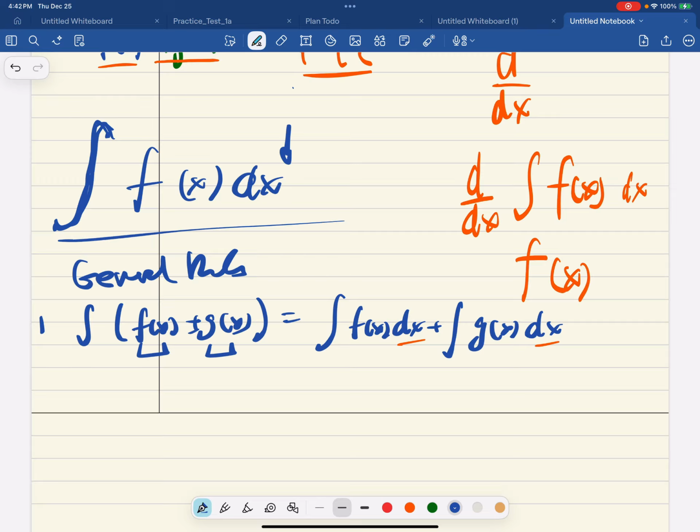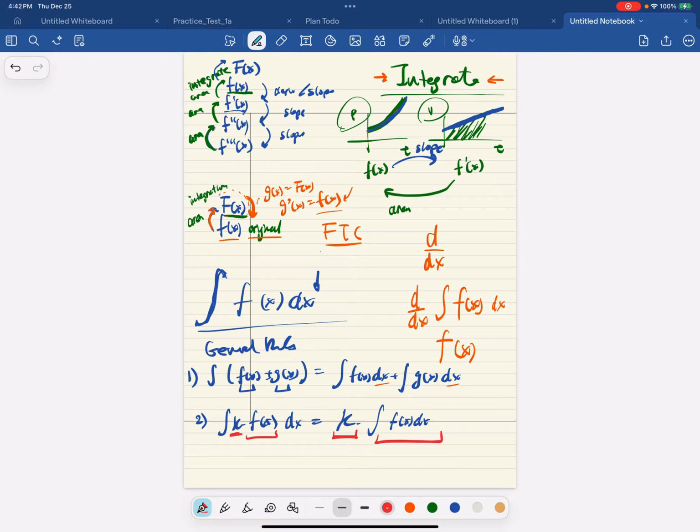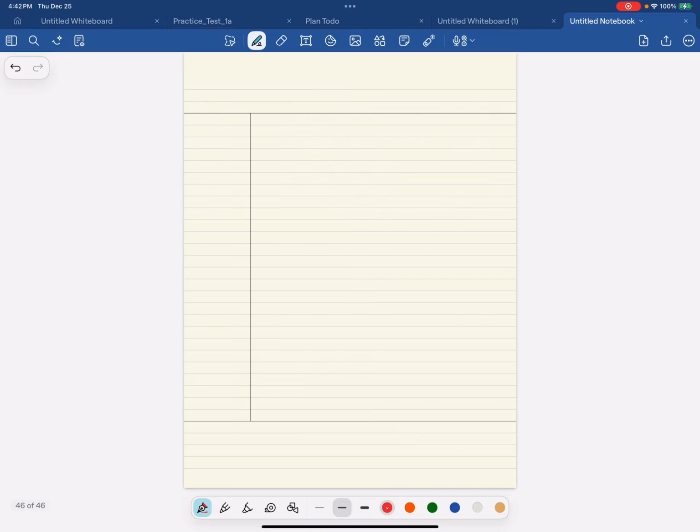If there's a constant, it's another rule. It's the exact same rule as the derivative rule. So it's just the constant times the integration. If there's a constant times a function, you can just do that constant times the integration of that function. So those are the two basic rules.